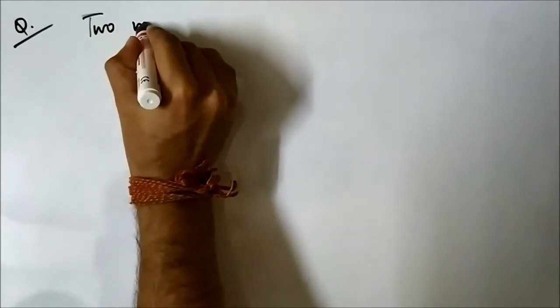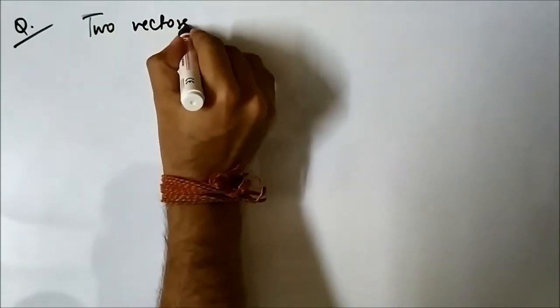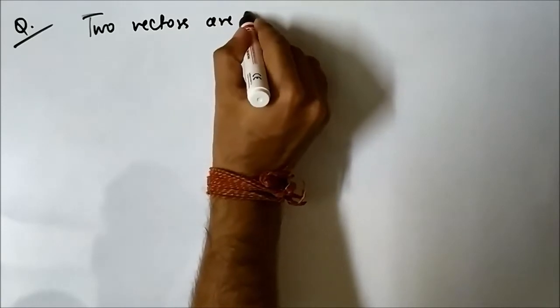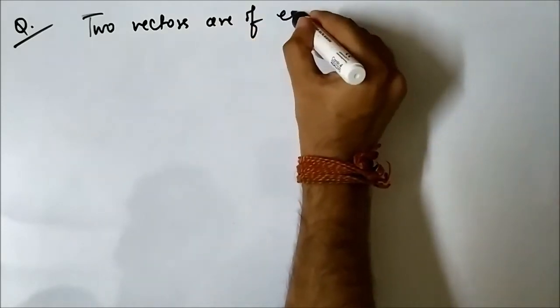Now we'll discuss the fourth question on the concept of vectors and its properties. The question says that two vectors are of equal magnitude.